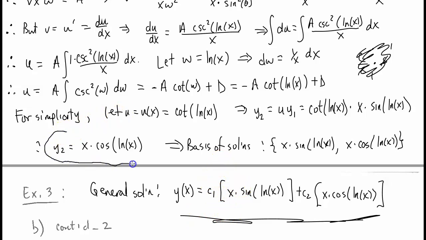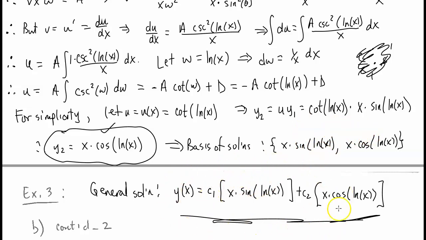So the answers that are important to us, we found what our other solution was, I'll say fundamental solution to our ODE here. Our basis of solutions is now complete. And again, since we had a second order linear ODE, we had to have two fundamental or base functions to create a basis or foundation for our solutions.